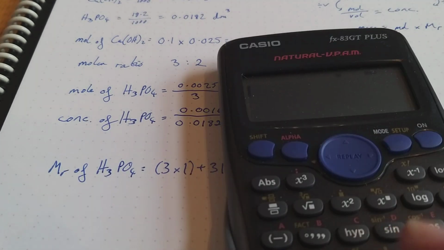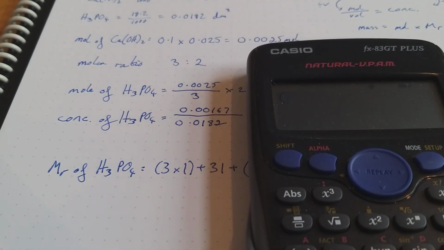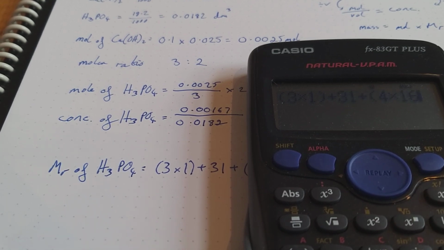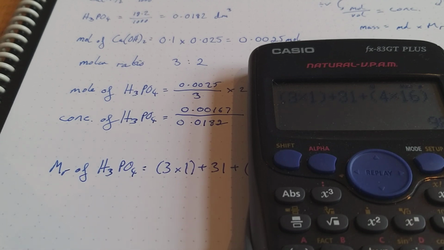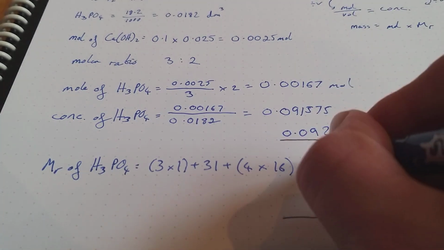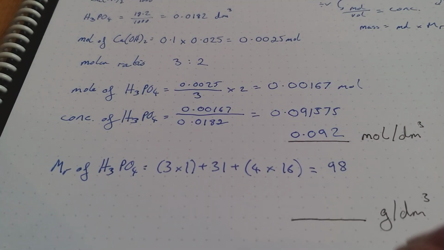So again, we can plug that into our calculator. So 3 times 1 plus 31 plus 4 times 16. So that gives us 98 as the Mr, as the relative formula mass.